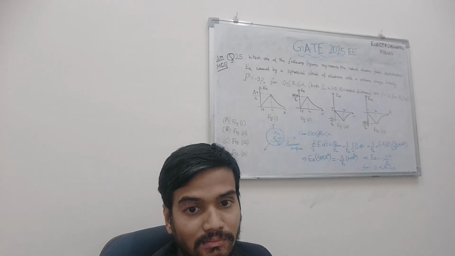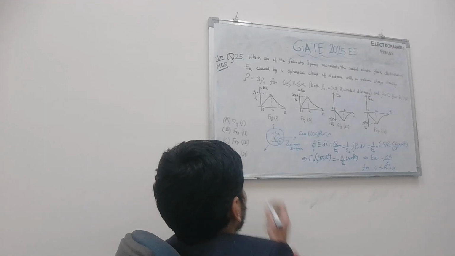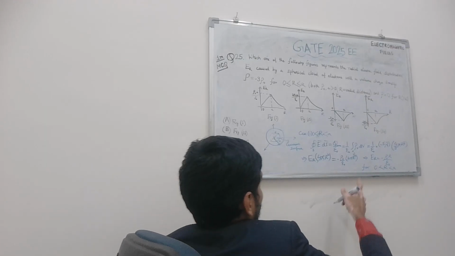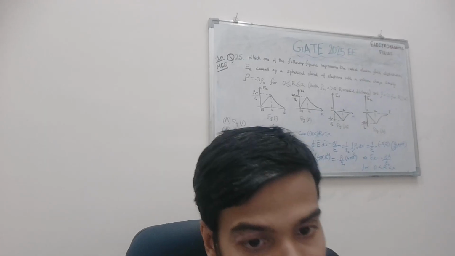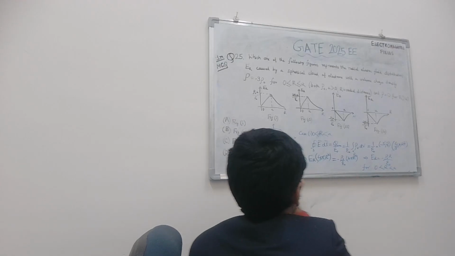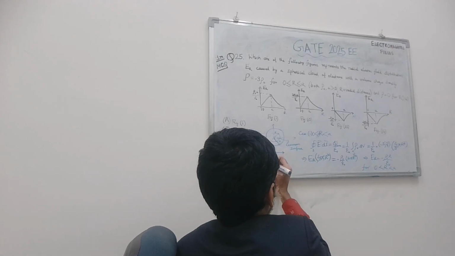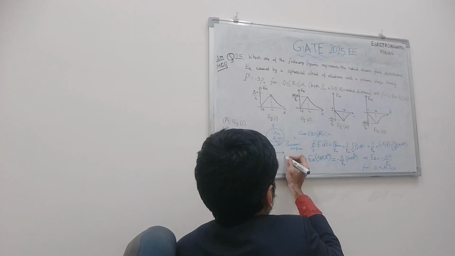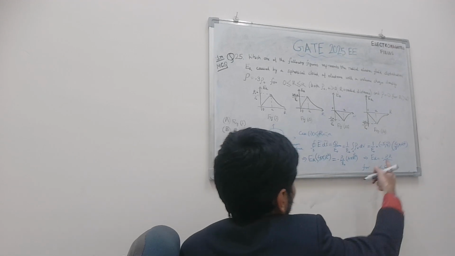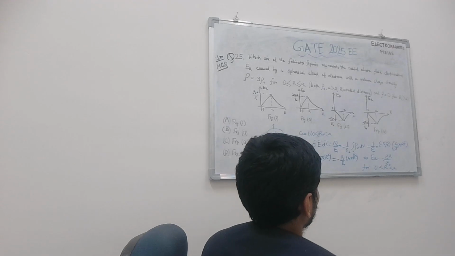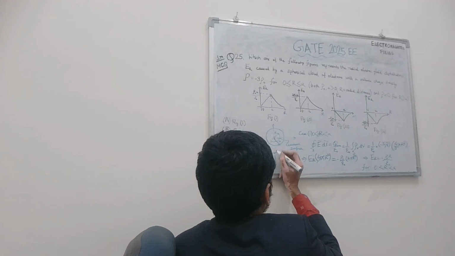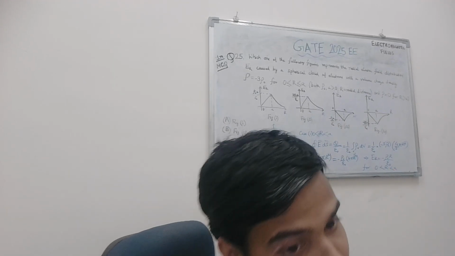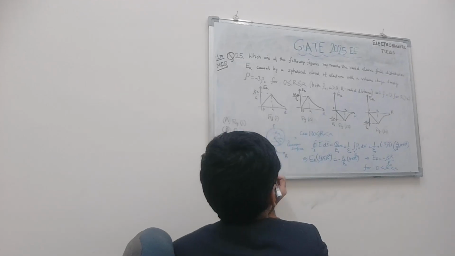So basically this is the equation of a straight line with a slope of minus rho naught by epsilon naught. If we draw ER versus R, we have a straight line having a slope of minus rho naught by epsilon naught, such that if you put R equal to A, it will be minus rho naught A by epsilon naught.